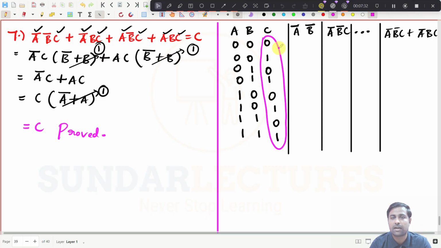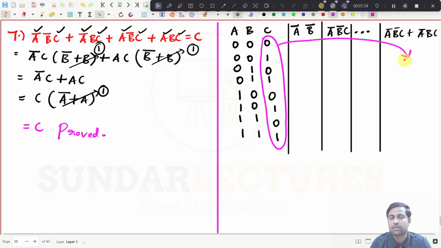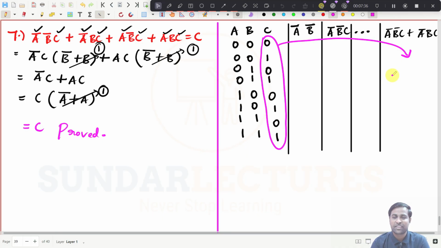This will come to this. That is the whole idea. You will have the answers 0, 1, 0, 1, 0, 1, 0, 1. That is why we are saying, for all this expression, we can simply put this as c. Try to understand. You do this by yourself.